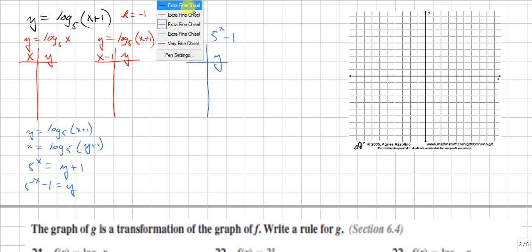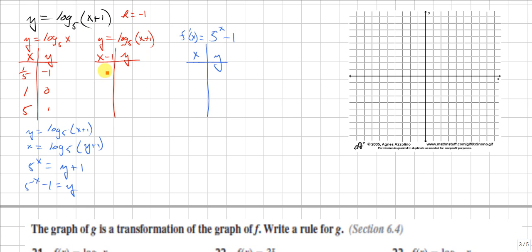Okay, so let's go back and fill in some values. Remember, for a logarithm, we pick the y, we get the x. So negative 1, 0, 1. 5 to the negative 1 is equal to x, that would be 1/5. 5 to the 0 is 1, and 5 to the 1 is 5. Now I'm going to shift the x values by 1 because that's what the original equation was.